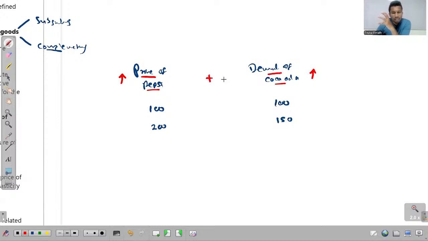We see a positive relationship, because both variables change in the same direction. When one increases, the other also increases, so the relationship is positive. So you need to explain that first, right? And let's keep this aside.